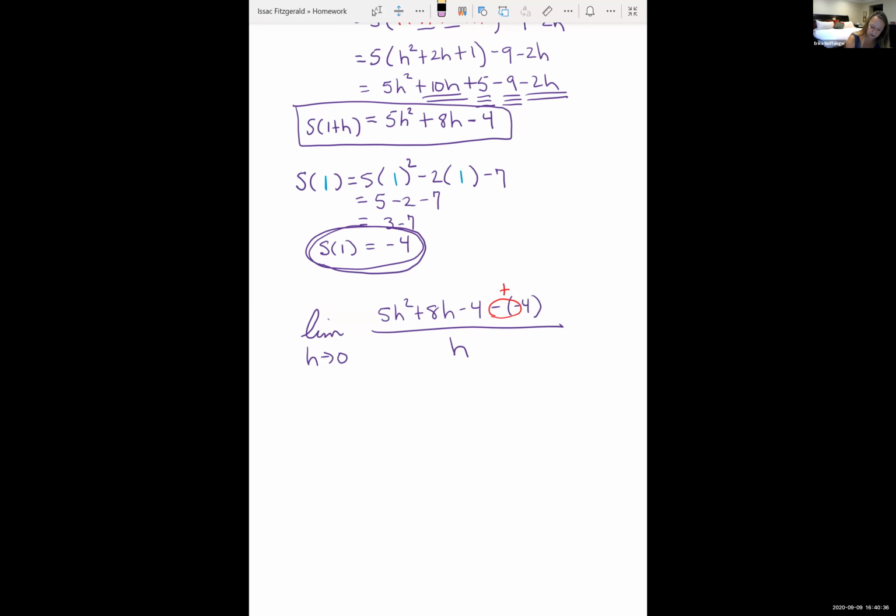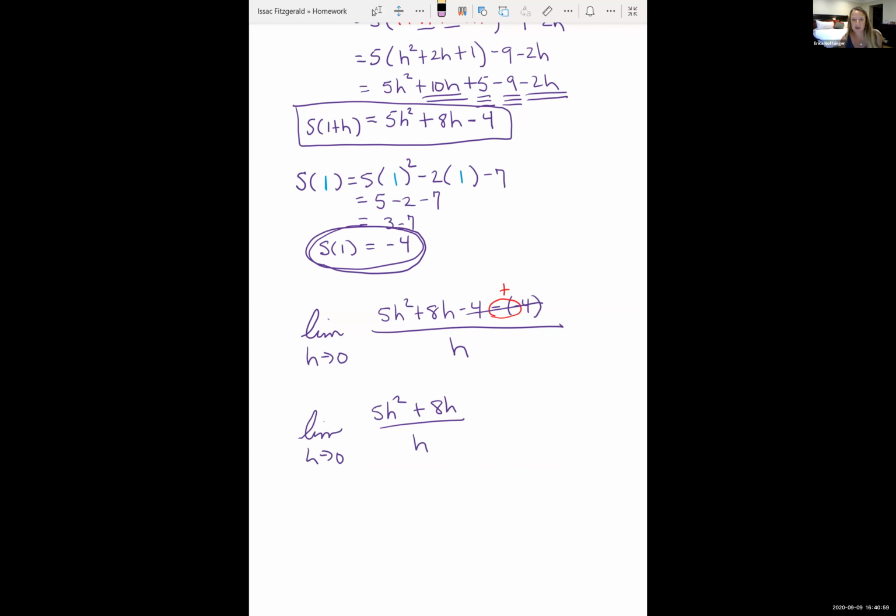So let's just simplify this a little bit. So this is the limit as h goes to 0 of 5h squared plus 8h. Well, negative 4 plus 4, those cancel out with each other, all over h.